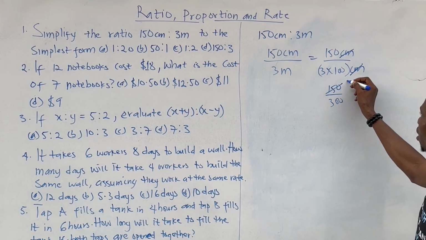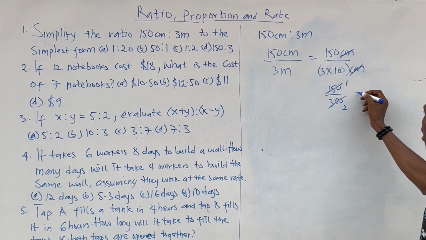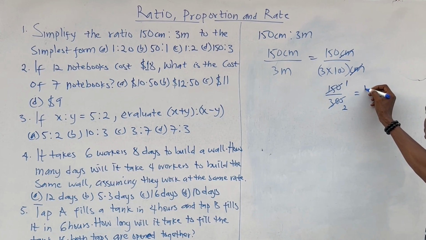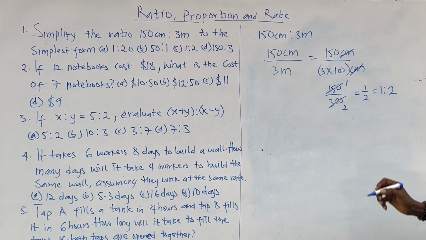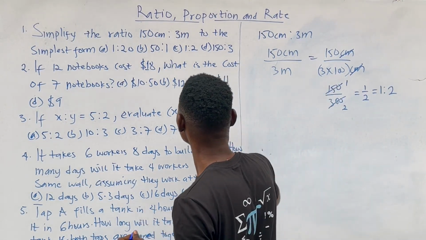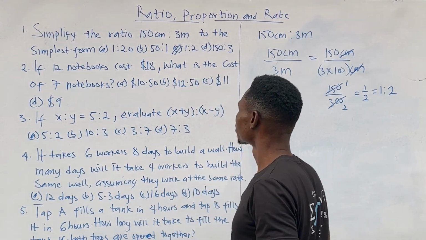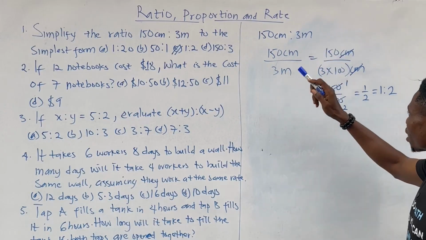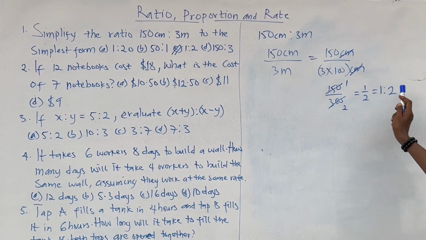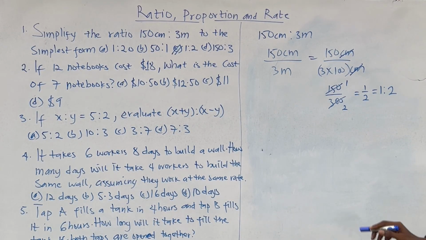So 150 here, 150 here is 2. And our answer is 1/2, which is equal to 1:2. Okay, so our correct answer will be option C. So 150 centimeter ratio 3 meter is 1:2. Okay, so that's number 1.